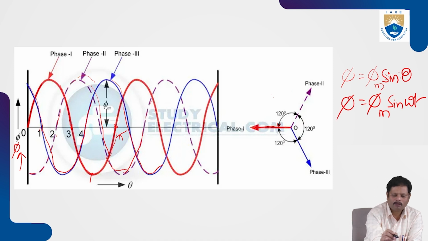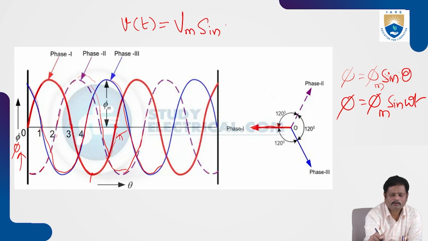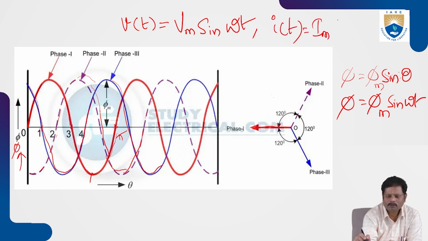Similarly, the voltage expression for the pure sine wave is nothing but V of t equal to Vm sin theta or omega t. Similarly, the current waveform I of t equal to Im sin omega t.